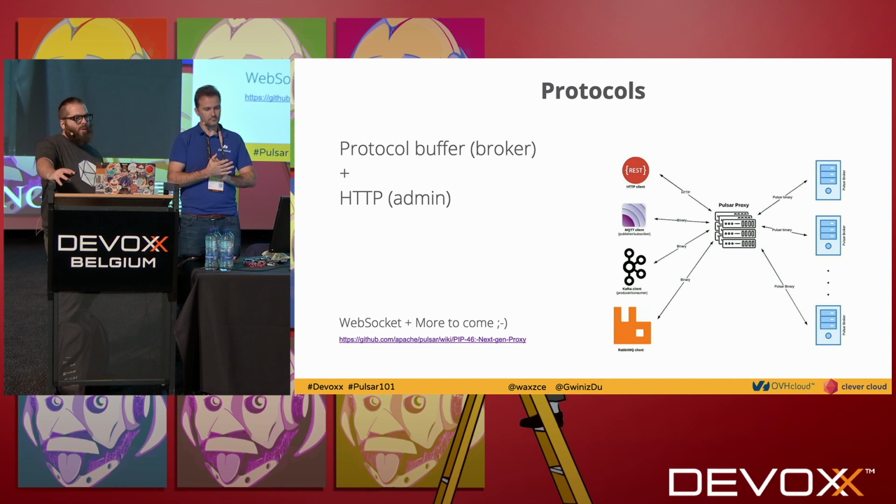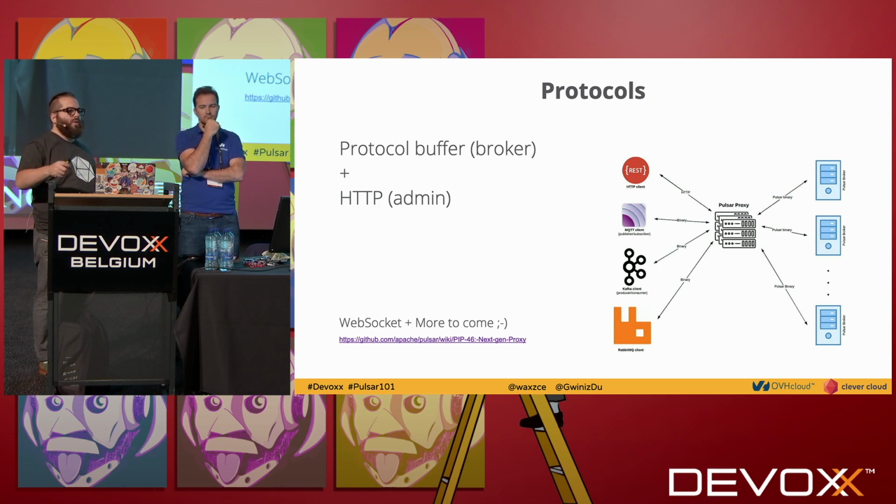Internally, the primary protocol of Pulsar is built on top of protocol buffers, so it's very easy to implement a new client, and all the admin operations are done in HTTP. So there is no more speaking a binary protocol to do any admin operation, and no more problem of writing inside Zookeeper to create a topic, or whatever.